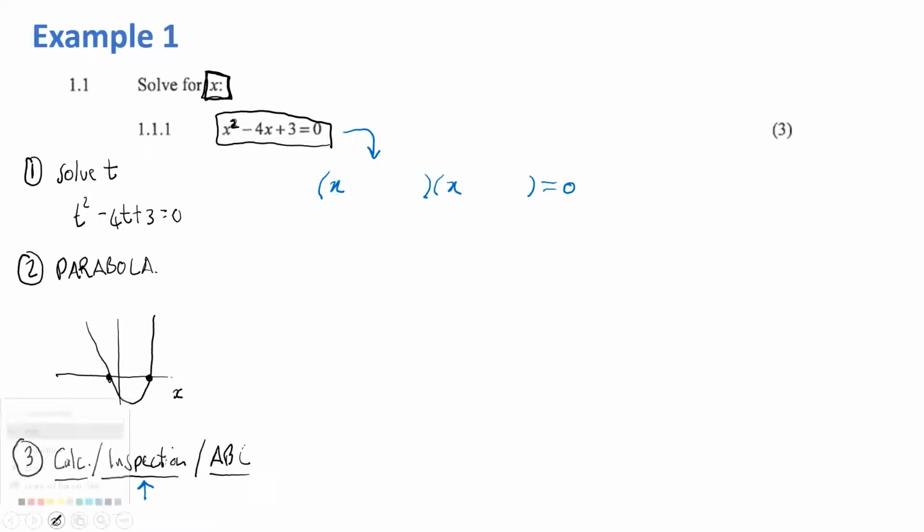Now you have to puzzle a bit to find the constants that have to come on the other side. So we know that factors of 3, well, what's factors of 3? 3 times 1 is 3, right? And that's about that. So your options for what has to be written here is very limited. We've got 3 and 1.